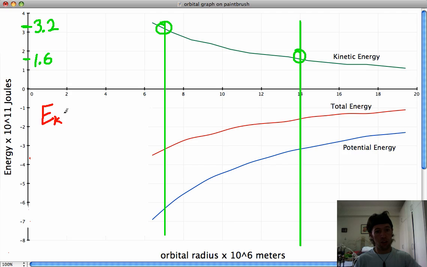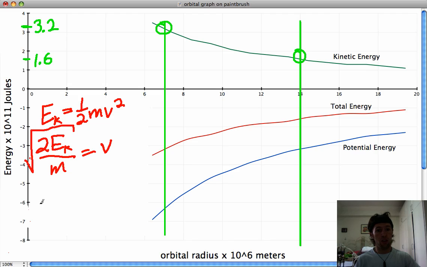That kinetic energy is equal to 1/2 mv squared. And then we rearrange and we solve for v, so we get this part here. Square root of everything. And then we plug in numbers.